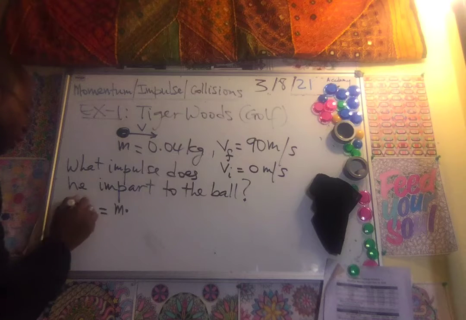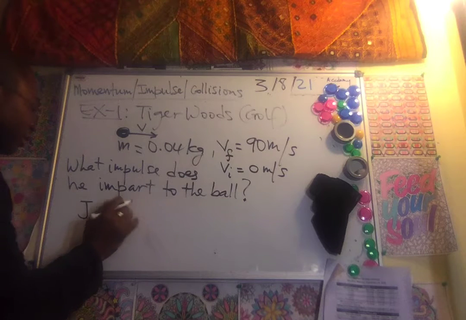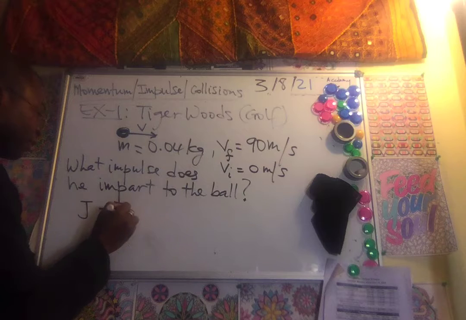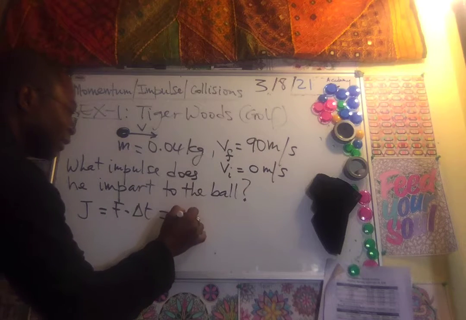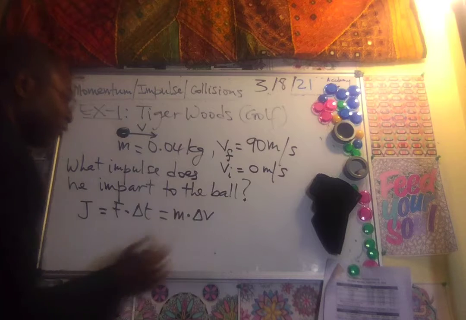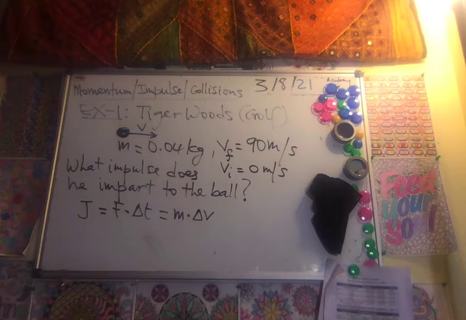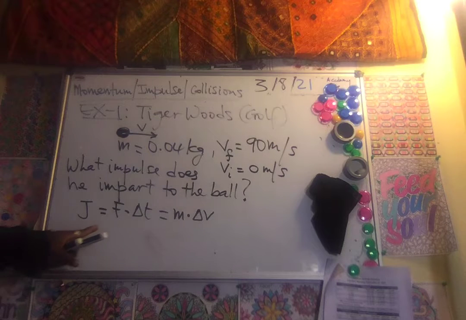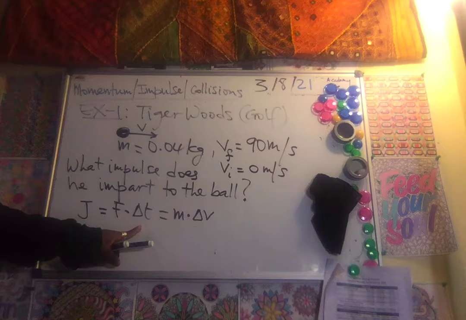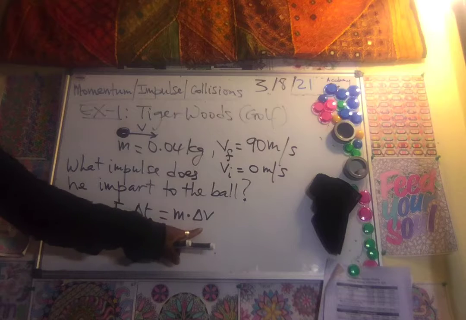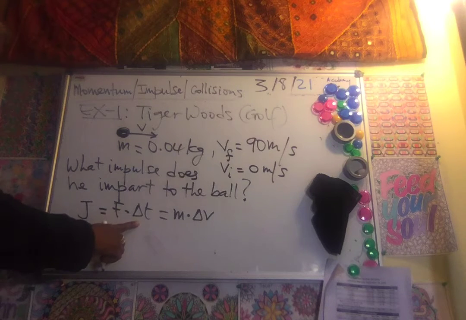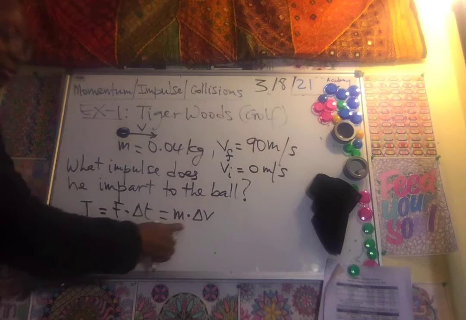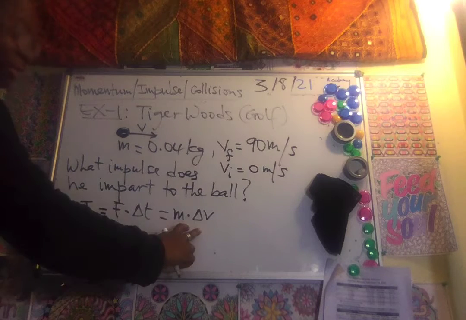The impulse, J, was F times delta T, which was also the mass times delta V. Okay, that's what we say. The impulse is F times delta T, which is also the mass times delta V. We don't know the force, we don't know the time, but we know this. Right? Because this is the same as that.